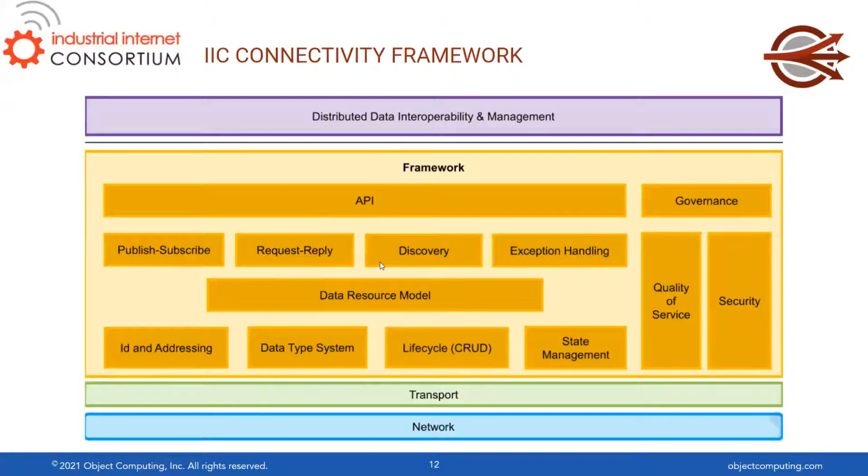So all of these higher layer concerns are still important. And the reason they're addressed here within framework is that they are still common across many different kinds of IoT applications. And there are things that could be done within the application, but since they are common, it's much better to have them as part of the middleware so they can be written once and reused across many different applications.